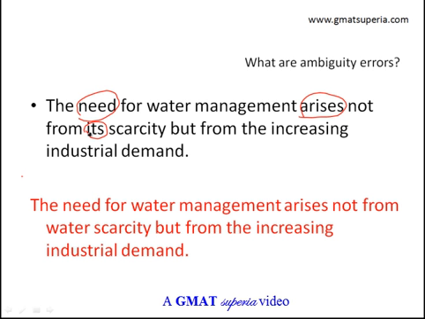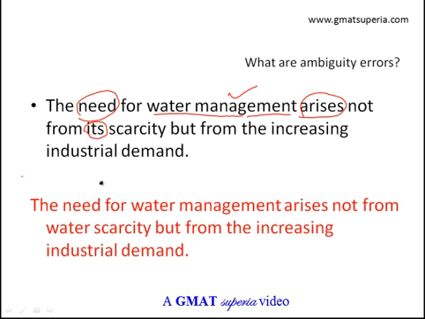But have we used the word water in the sentence? Let me warn you, because of the word water management used here, when we say water management, the important word here is management and not water. So if you consider its here, there are two words preceding it. One is need, one is water management. But we know that it doesn't refer to either of these words.